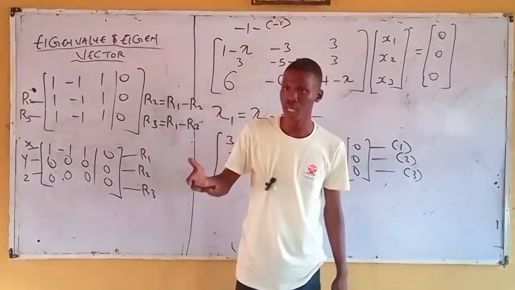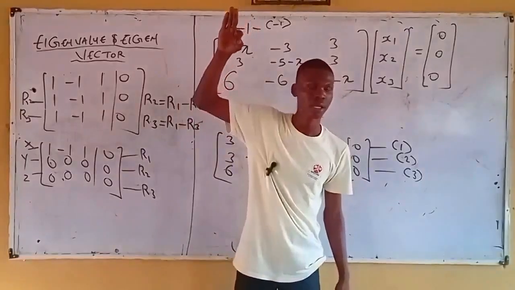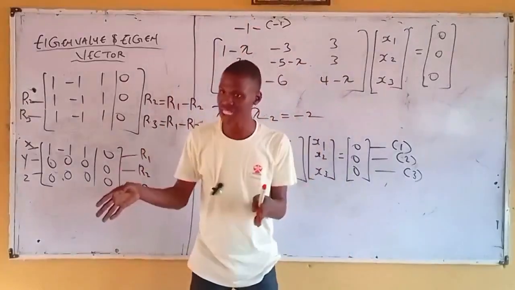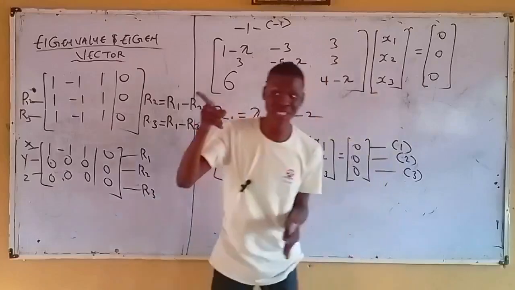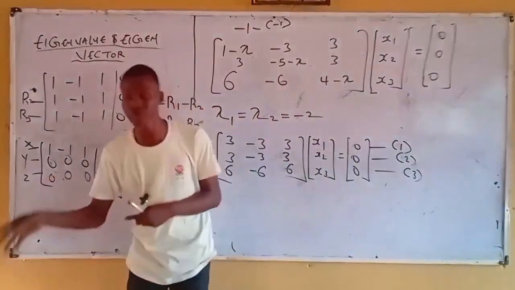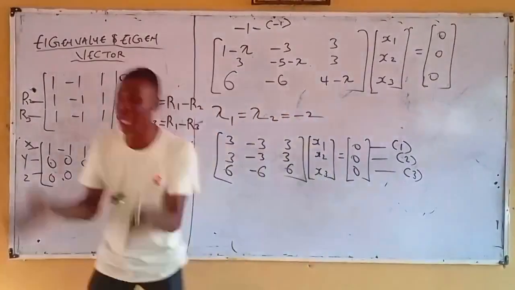We are going to get y and z. Meaning y and z are our free variables. What it means is that x, which is not the free variable, will be expressed in terms of the free variables. Meaning x is expressed in terms of y and z.